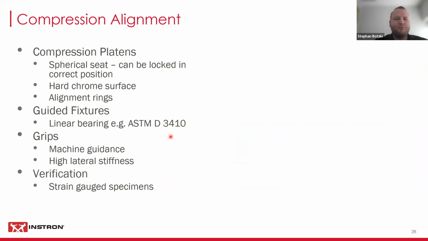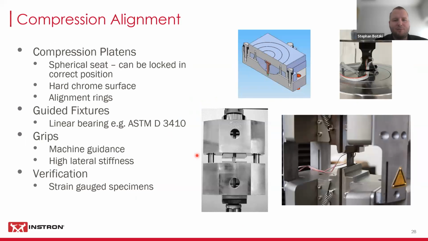Compression testing also requires good alignment. So a couple of things we can look at here. We have compression platens. The upper platen usually should have a spherical seat, which can be locked in position. You need to have a hard surface, and you need alignment rings so that you can center your specimen nicely between your compression platens. For the spherical seat, you unlock all those screws so that it is free and movable.